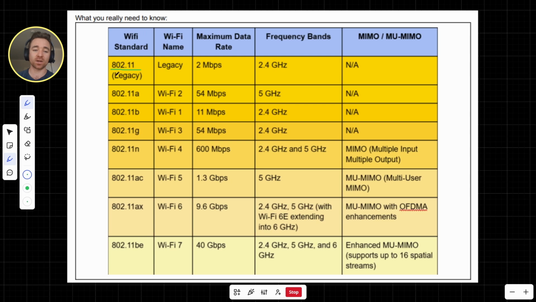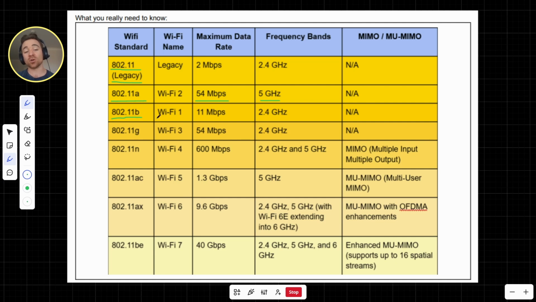So our first one is 802.11. This is considered legacy. You've got 802.11a. That's one of the earlier types of Wi-Fi. It had a maximum data rate of 54 megabits per second, and it operated on the 5 gigahertz frequency band. Okay, don't worry about this for now. The next one is 802.11b.